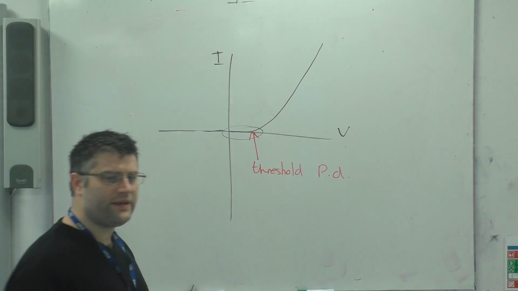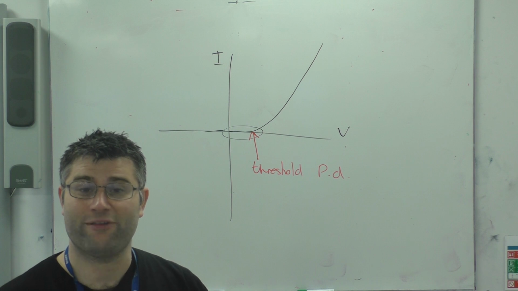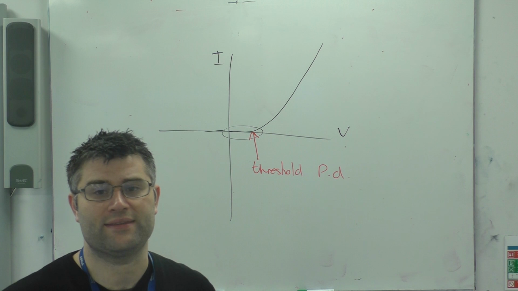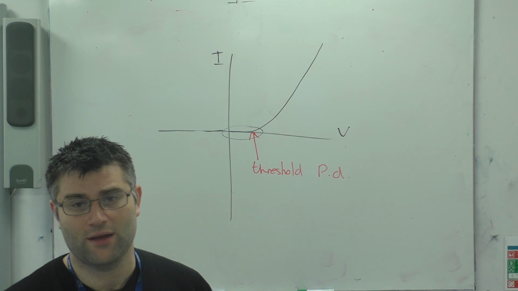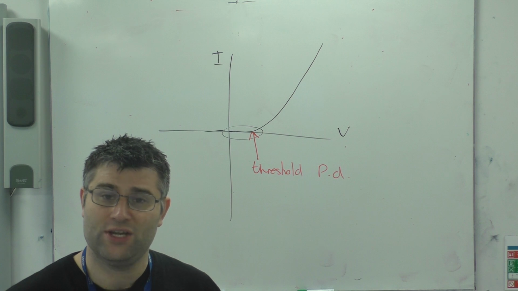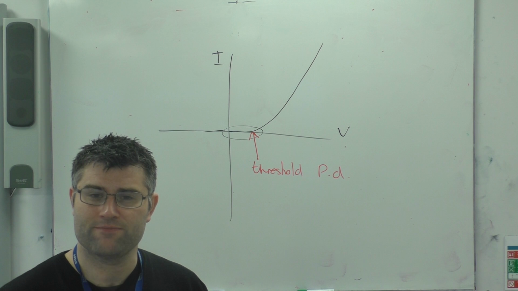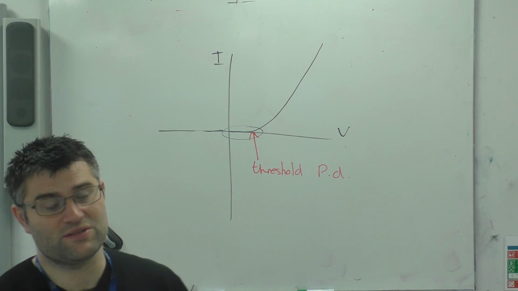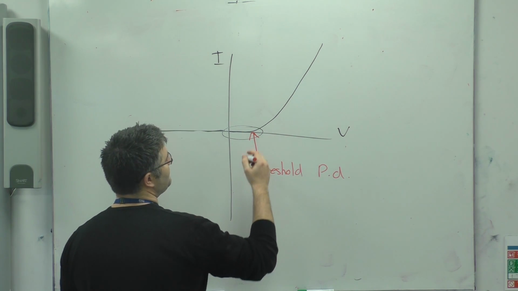The threshold PD is where electrons have enough energy to jump across the diode and release energy, and that release of energy usually comes in the form of the light that's being emitted. So when they make that jump and start flowing, light is emitted.